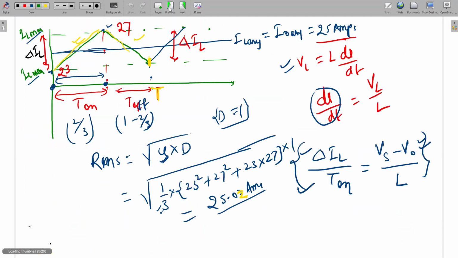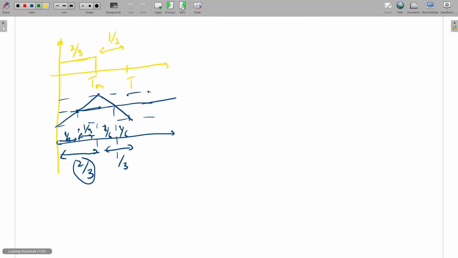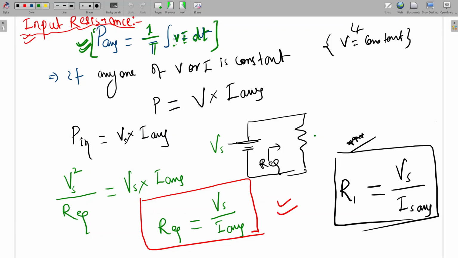See here, the input voltage is constant. If any function is constant, how can we write the average formula? We can take that constant common. Let's say the voltage is constant; voltage or current, anything. So taking voltage common, we get V into 1 by T integral of i dt.